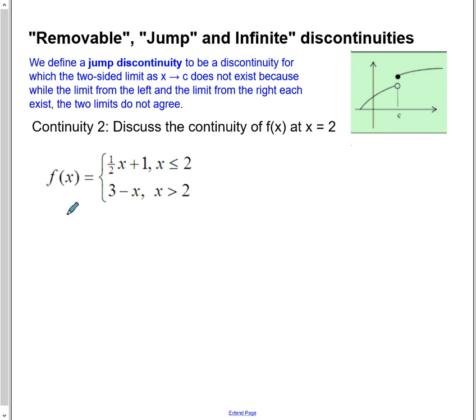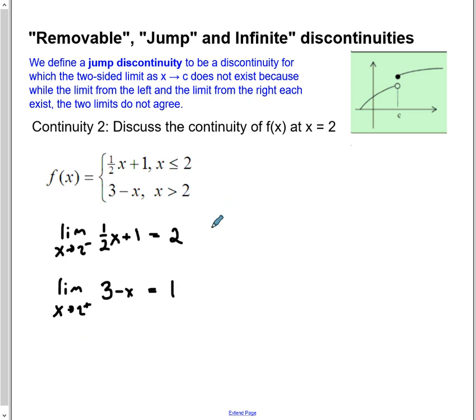In this case, we look at the function f of x equals 1/2 x plus 1, and we see that if we take its limit as x approaches 2 from the left, we're dealing with the function 1/2 x plus 1. Letting x approach 2 gives us 1 plus 1, which gives us 2. Yet if we take the limit as x approaches 2 from the right of the function 3 minus x, because we're approaching from values that are greater than 2, we find that we get 3 minus 2, which is 1.